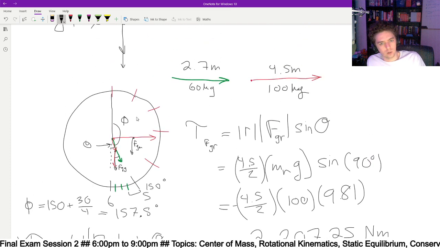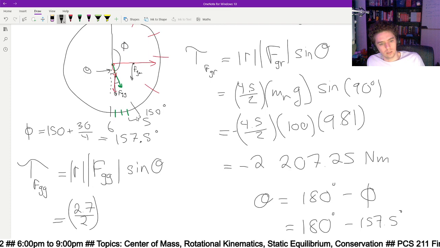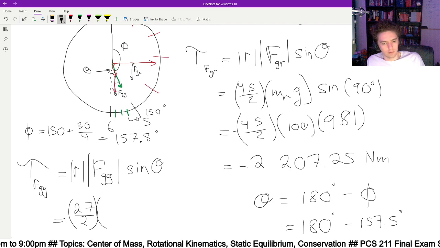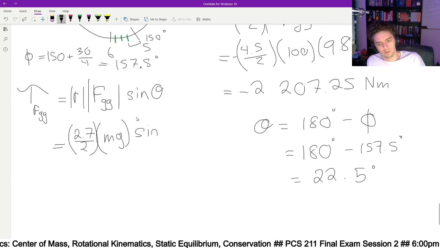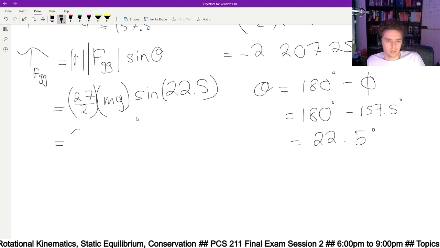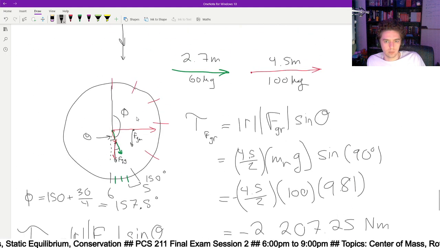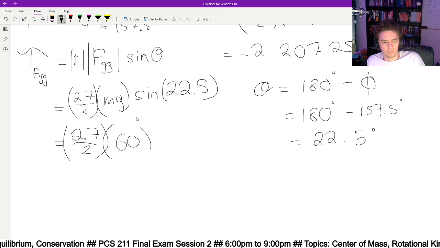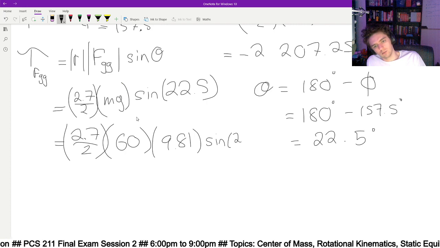So the distance is the total length divided by 2. 2.7 over 2 times the force of gravity on green, which is mg, times sine of 22.5. So 2.7 over 2 times the mass, which was 60, times 9.81 times sine of 22.5.